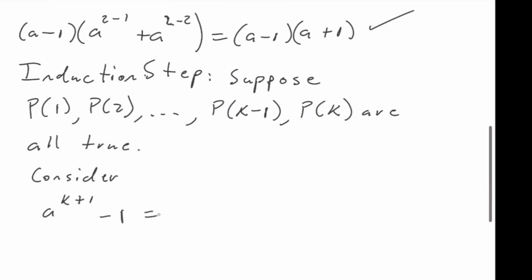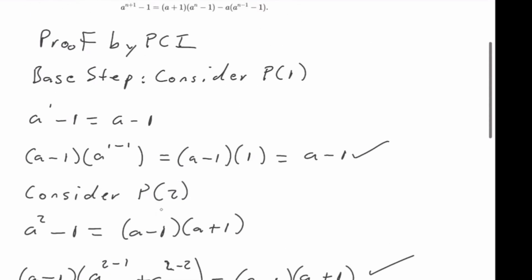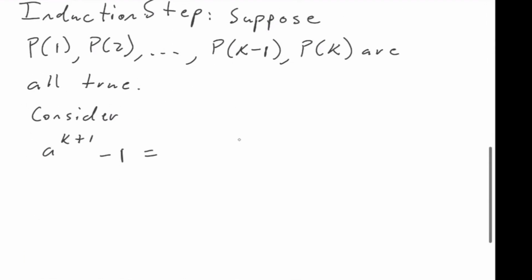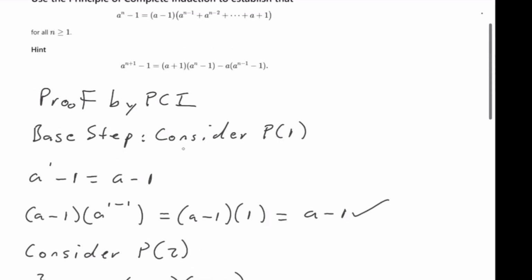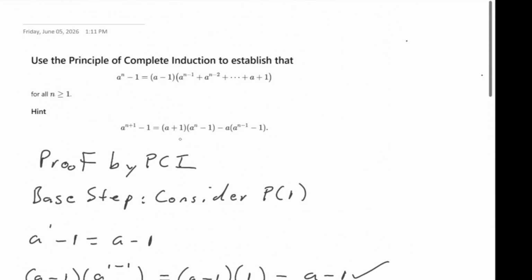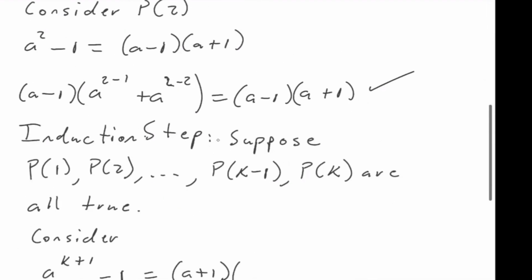And look, this is where our hint is going to come in, because a to the k plus 1 minus 1 is this, right? Okay, so let's use our hint. So this is, what was it? A plus 1 times a to the n minus 1.